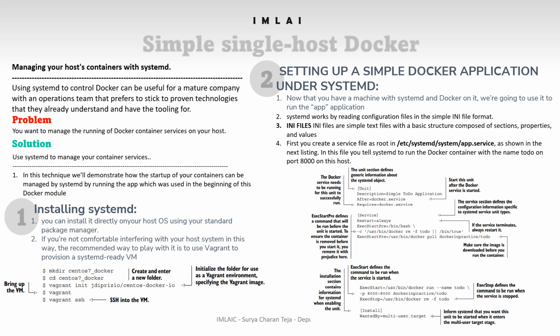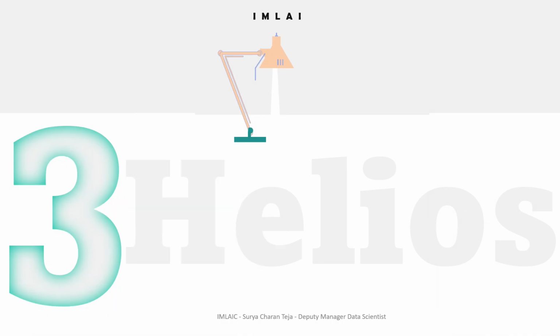So that's pretty simple. If you want to do it for smaller applications using a single host machine, then it's possible. So we can use systemd. I hope you got the gist of how systemd can work with Docker. Now we will move on to Helios.